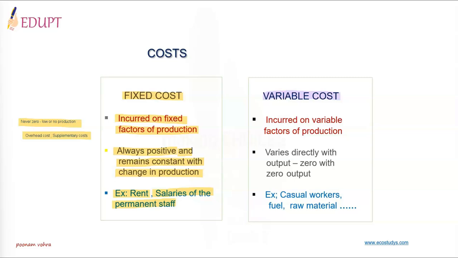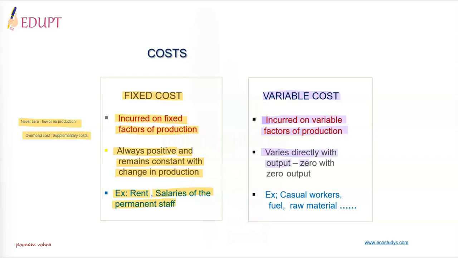So far as variable costs are concerned, these are the costs which change with change in the output of a good and are incurred on variable factors of production. Variable costs vary directly with output.